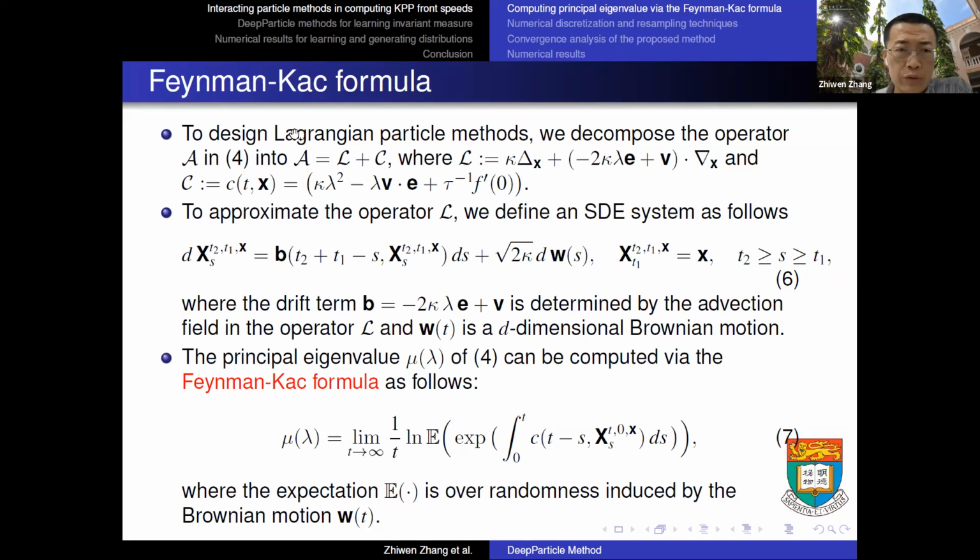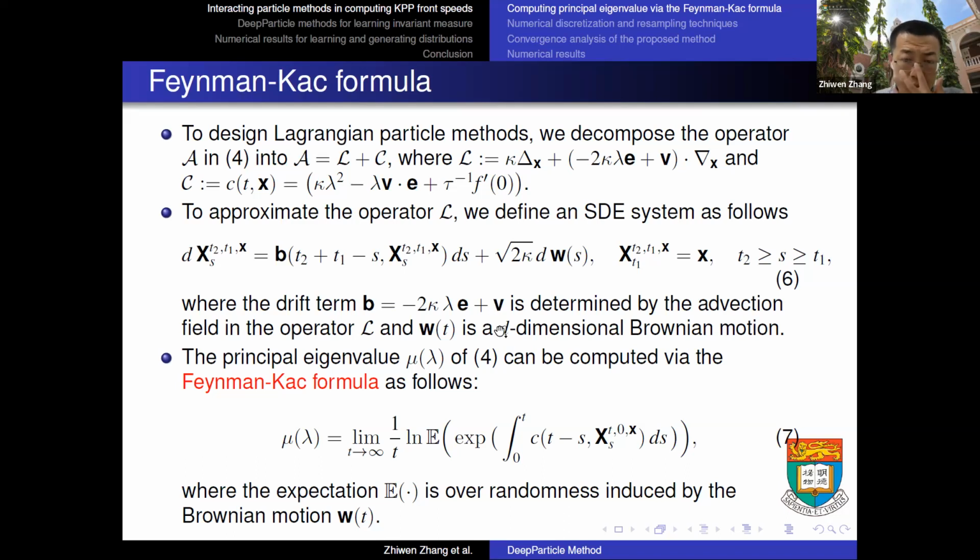We use the Feynman-Kac formula. We split the operator A into L plus c, where L is the diffusion and advection part, and c is the potential part. From the operator L, we can construct an SDE system as the following. The drift term comes from the advection, the velocity here, and the diffusion part comes from here. This is pretty easy.